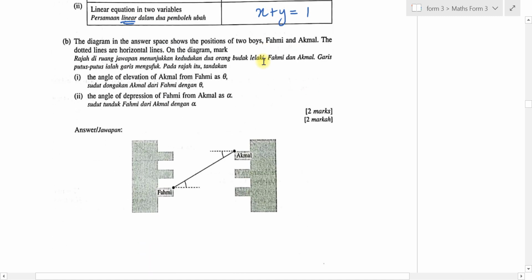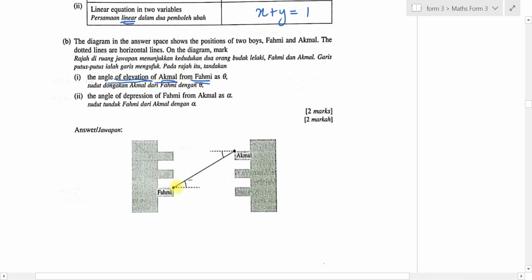Okay, and part B, this one, angle of elevation and angle of depression. Elevation means looking up. Depression means looking down. Suppose they were not to draw this, making the question very easy. Now you see we have two boys, Fahmi and Akmal, and they tell you to mark on the diagram the angle of elevation of Akmal from Fahmi.